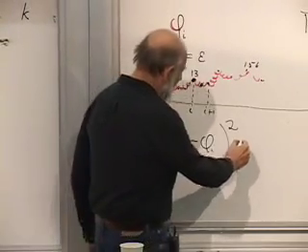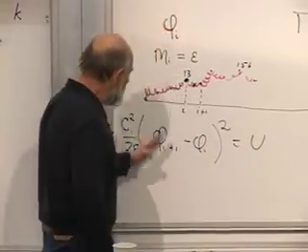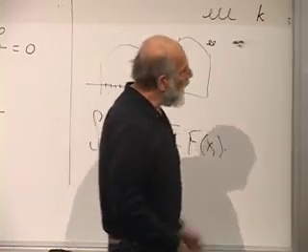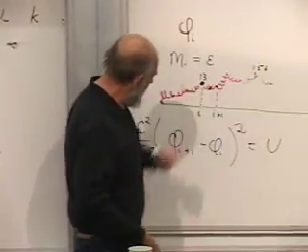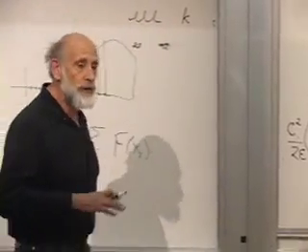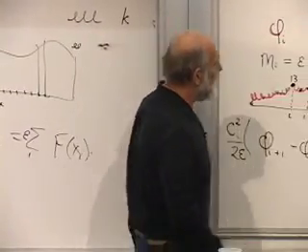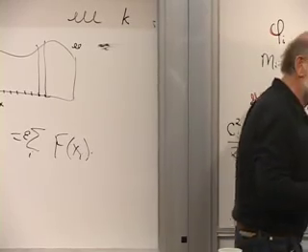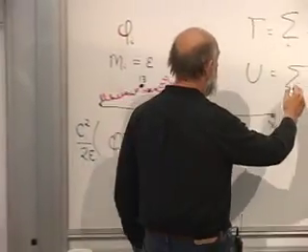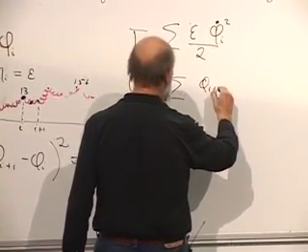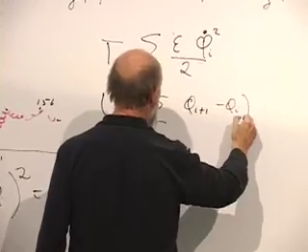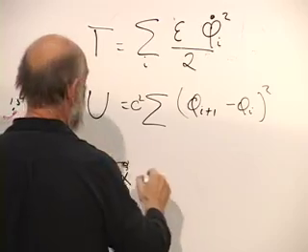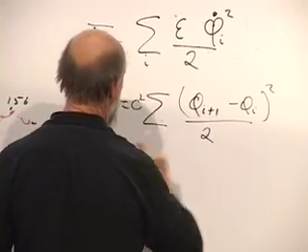This is the potential energy of a single spring. But now we should add them all up, all the neighboring pairs, to find the total potential energy. So the potential energy is the sum over neighboring pairs of (phi_{i+1} minus phi_i) squared, c squared, divided by 2.